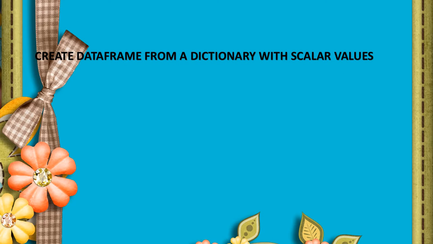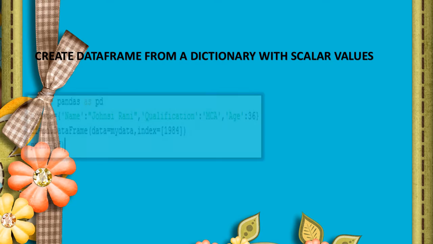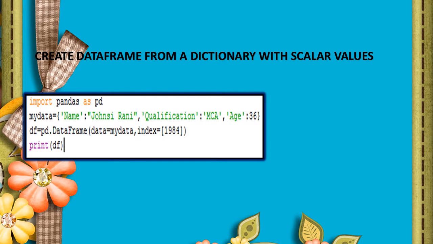And using a dictionary, you can create the data frame with a dictionary containing scalar values, that means single values. See here, the name key contains only a single value, John Zirani, and qualification contains MCA, and age 36. All keys contain only a single value, that's a scalar dictionary.